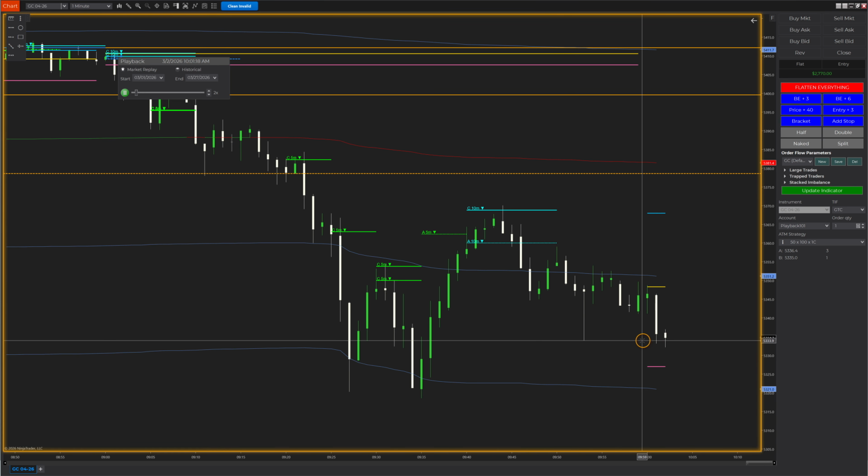So our bias is still short, which makes sense, right? We closed below the POC. This is the POC for the previous 1 hour window.